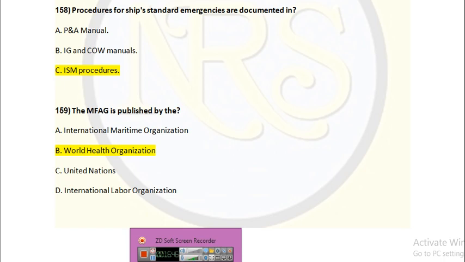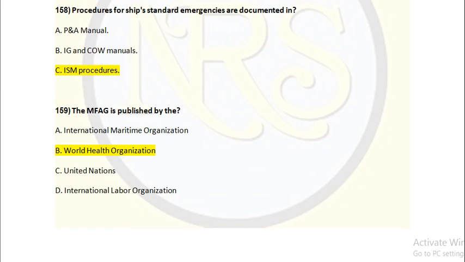The correct answer is option B, World Health Organization. So for question number 159, WHO is the correct answer. MFAG stands for Medical First Aid Guide. It is provided by the World Health Organization.